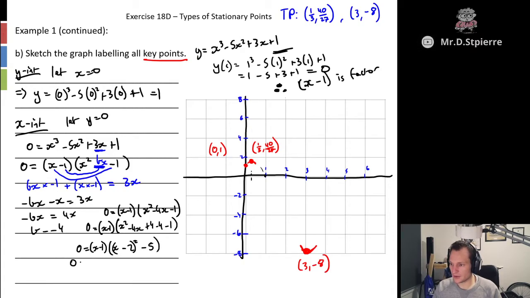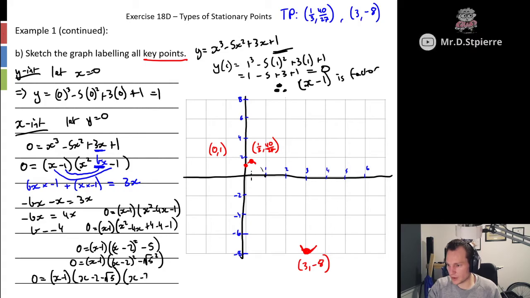And then we can write this as x minus 1 bracket x minus 2 all squared minus the square root of 5 all squared. So we've made it into a difference of perfect squares. So we finally get 0 is equal to x minus 1 bracket x minus 2 minus root 5 bracket x minus 2 plus root 5.